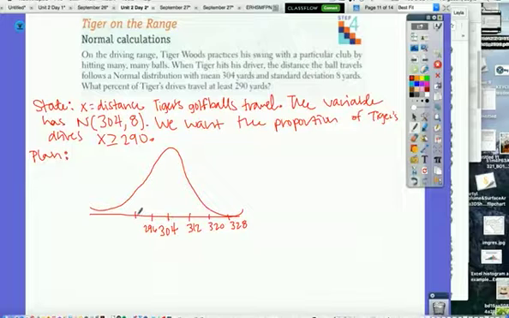Two standard deviations away on the left side would be 288, and 280 would be three standard deviations away. Now what we want is when x is greater than or equal to 290. So we want to go a little bit past this 288, and we basically want all of this.